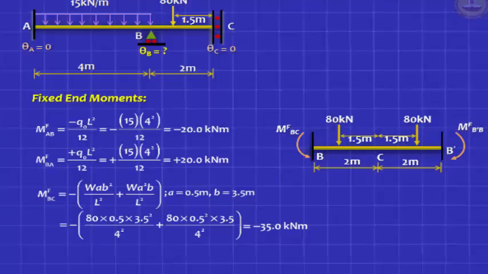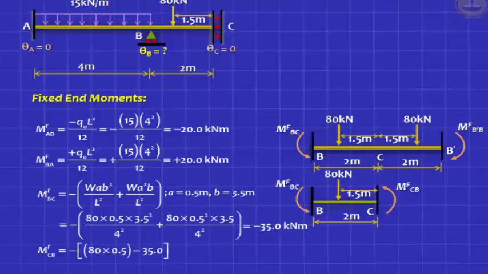How do you get MFCB? Well, for this, supposing this beam BCB dash was simply supported, can you not find the bending moment at C? That moment minus a fixed end moment is the net moment there. It's a sagging moment, which means it's going to be anti-clockwise, and you can prove that that moment turns out to be minus 5.0 kilonewton.